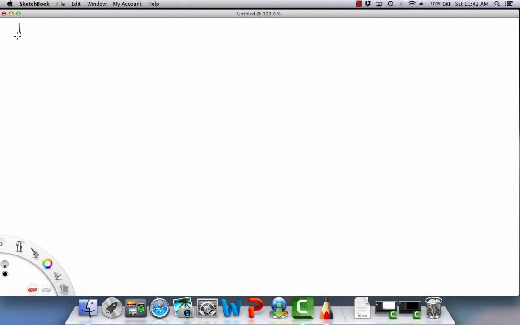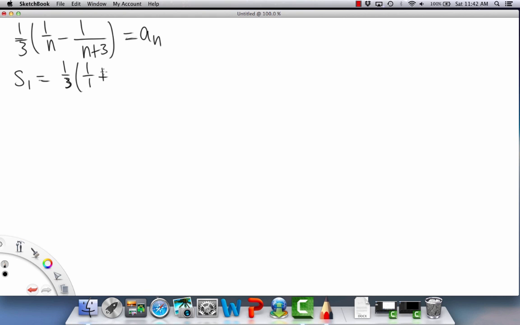Okay, so again, here's a refresher if we need it: 1 over n plus 3. This is our a sub n. Let's do the first partial sum. We have 1 over 3, and we plug in a 1 for n. Or, wait, that is a minus sign: minus 1 over 1 plus 3.